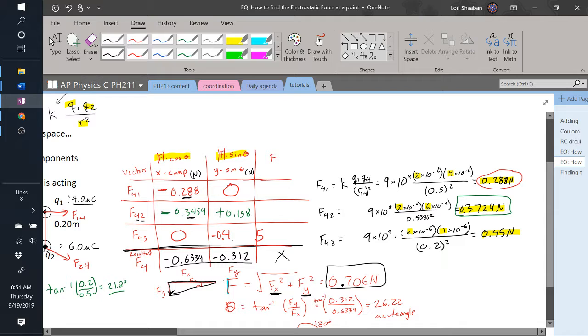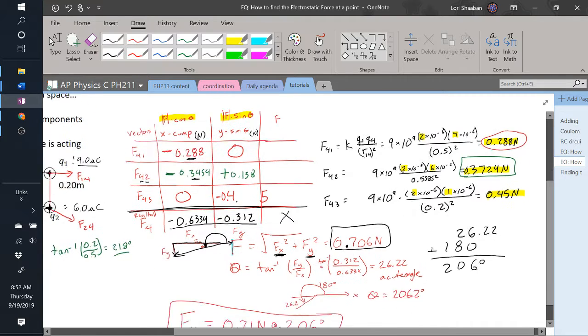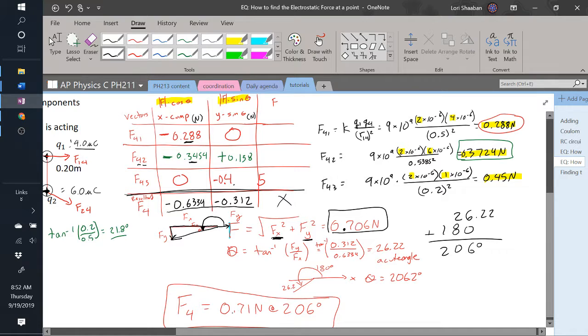So I need to go all the way from the positive x-axis down, so I need to add 180 to that, and I get 206 degrees. So my resultant force is about 0.71 acting at 206 degrees.